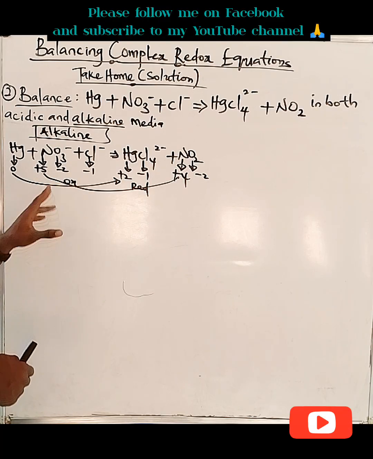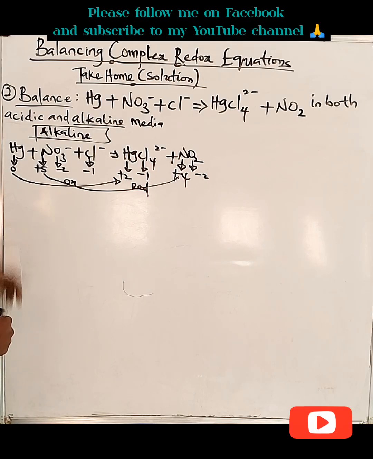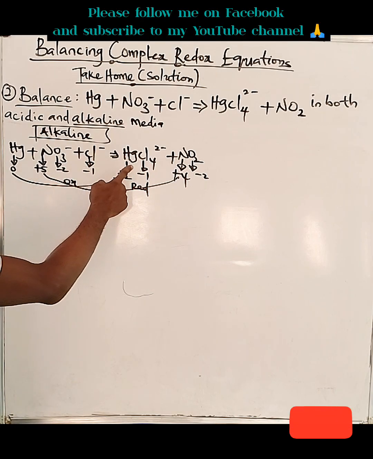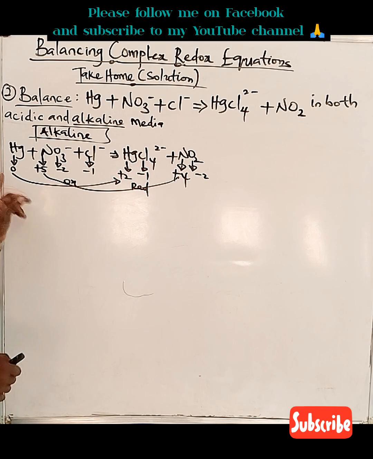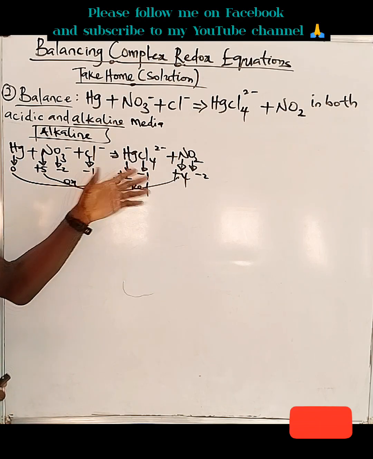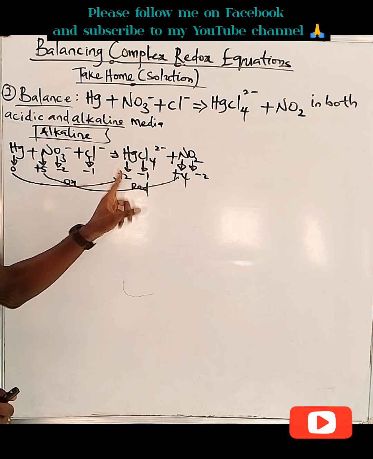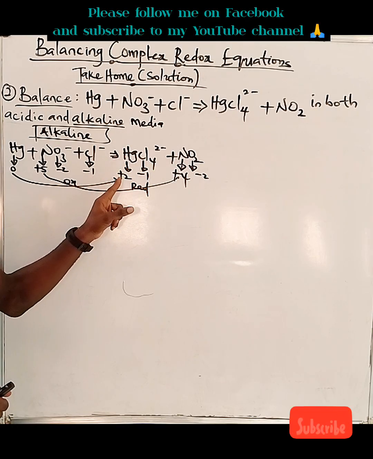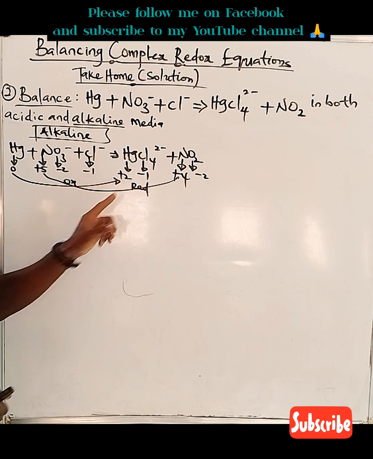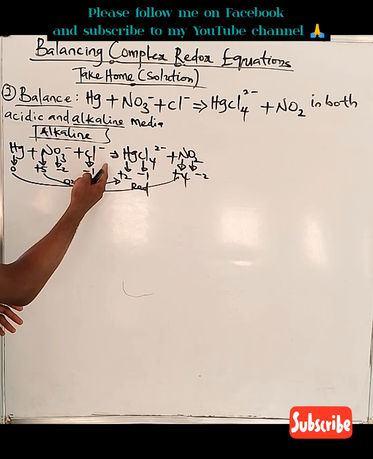So first of all, we're going to be looking at the oxidation. It's quite straightforward: Hg goes to HgCl4. The mercury atoms are the major players, but chlorine also played a major role here. If not for the 4 atoms of chlorine, there would not be mercury having a plus 2 oxidation number. So we're going to be considering the chlorine also.